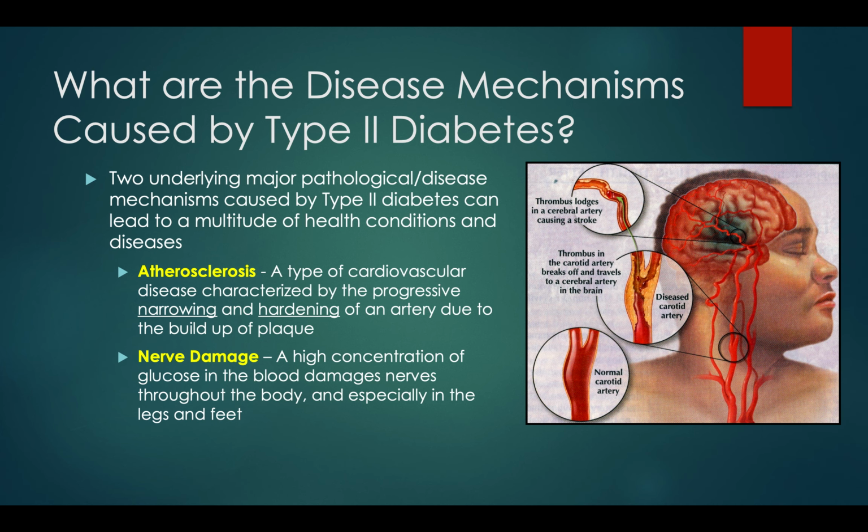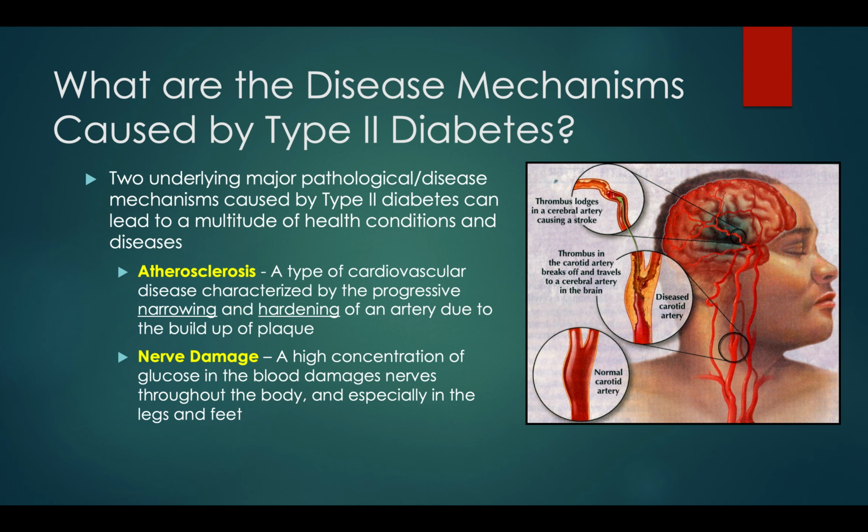That condition itself has multiple factors and mechanisms occurring to lead to atherosclerosis, and high blood sugar and its impact on endothelial cells and platelets and so forth increases the likelihood of atherosclerosis, which of course is going to reduce blood flow to an area that the artery feeds.